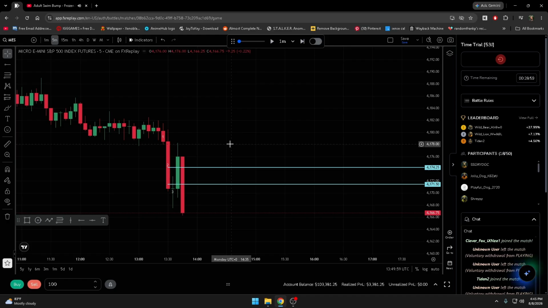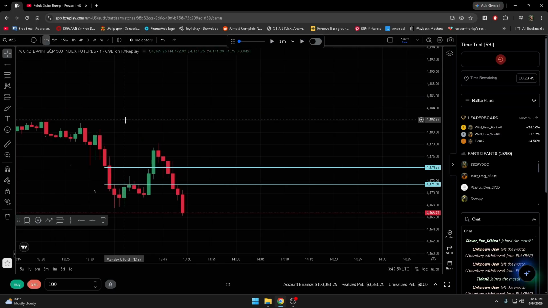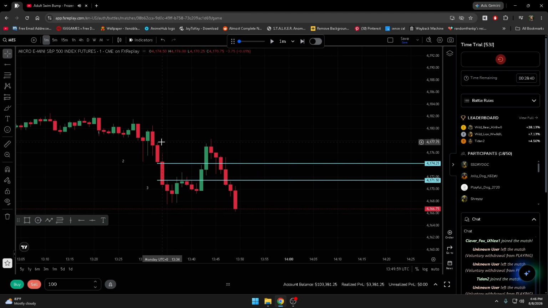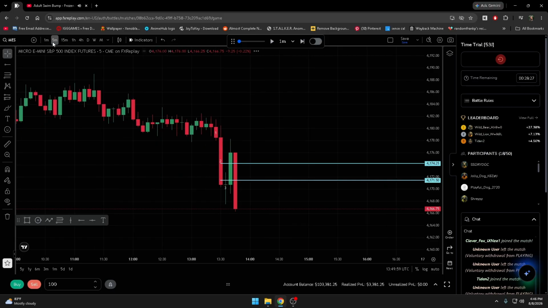It came to this block right here. Let's see what happened on the 1 minute though. So on the 1 minute, we got taken out. On the 1 minute, we just lost $3,125. But we go to this on the 5 minute, and we're still in the trade.